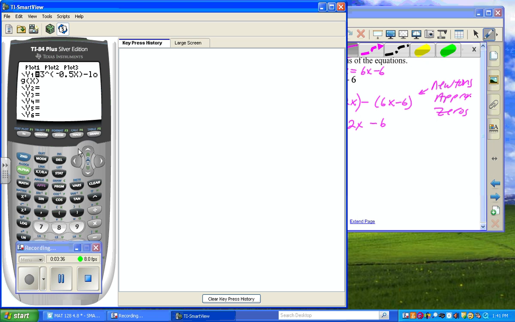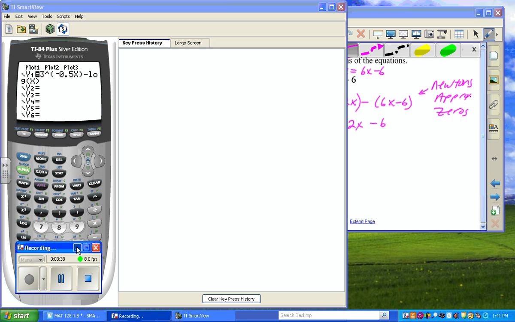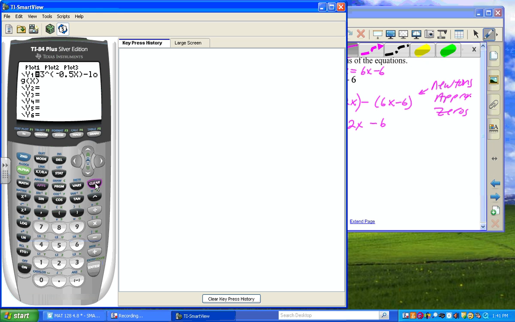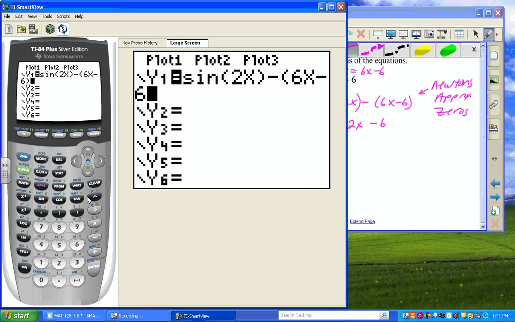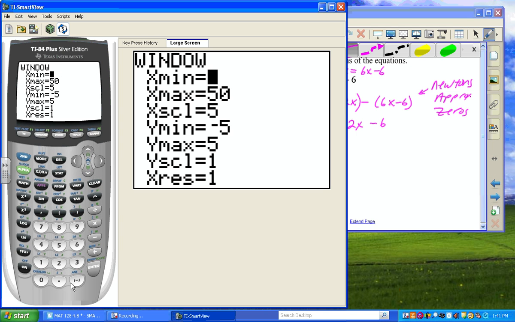If you notice, the interesting thing about this is, sine of 2x, again making sure you're in radians, minus, parentheses, 6x minus 6. And I'll just go to the regular window of negative 10 to 10.